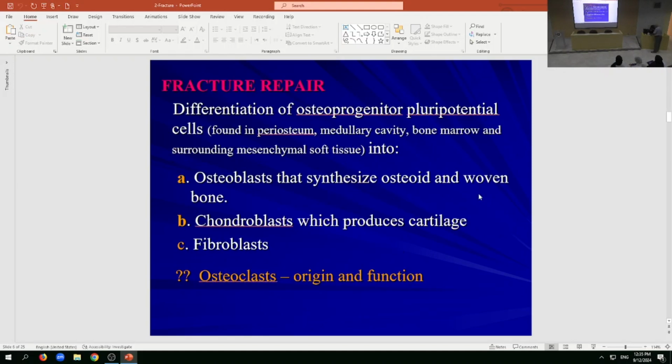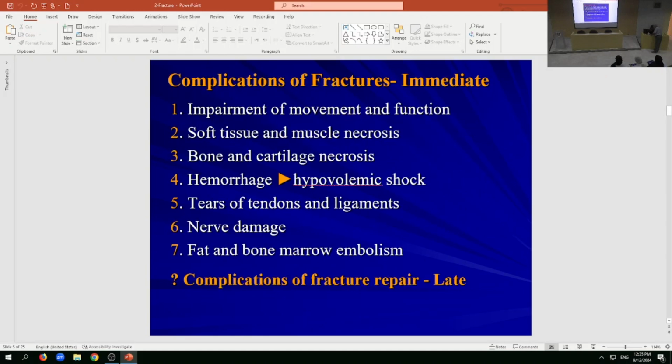The late complications described in your books are malunion and pseudoarthrosis, etc. These are complications of the healing.